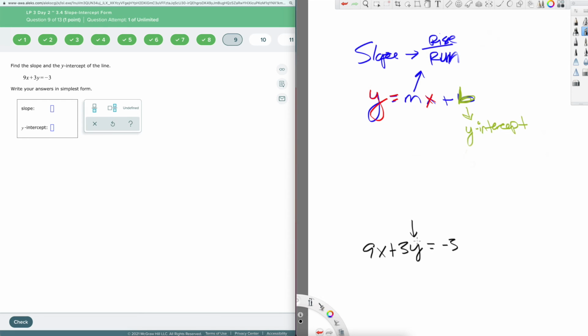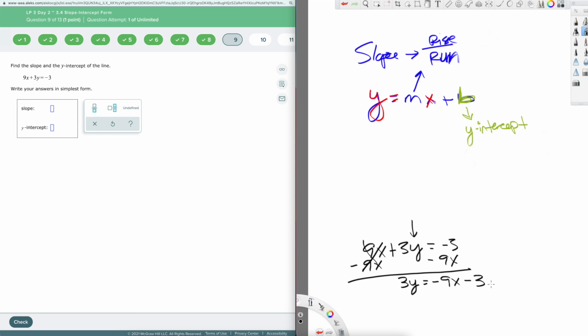I'm going to start moving things away from it just like I normally would. So 9x is being added. I'm going to subtract it from both sides. 9x minus 9x is 0. Any number minus itself is 0. 3y equals -9x minus 3. I can't combine those because if we're paying attention to PEMDAS, 9x is being multiplied, so I have to do that multiplication before I could have subtracted that 3 from it.